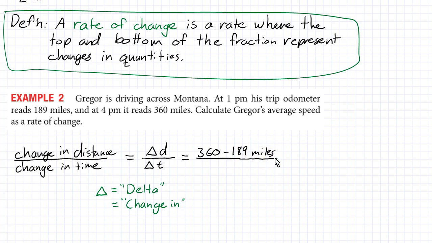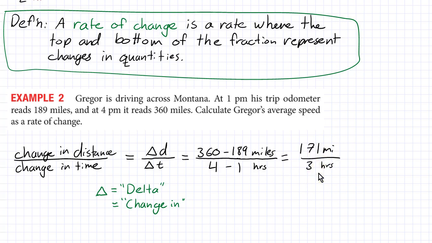And the change in time is going to be how much time passed between 1 p.m. and 4 p.m. So that's from 1 p.m. to 4 p.m. It's 3 hours. You can get that by doing 4 minus 1. And then we can subtract these and simplify it, which results in 171 miles divided by 3 hours.